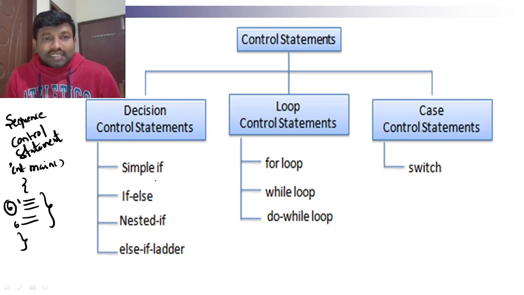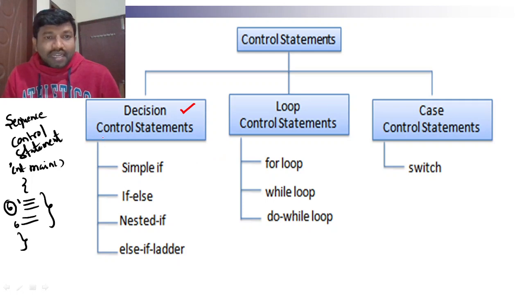So we have decision control statements, as you can see on screen. Before we execute the instructions, we check the condition first. If the condition is true, we execute some set of instructions. Otherwise, we skip some set of instructions.